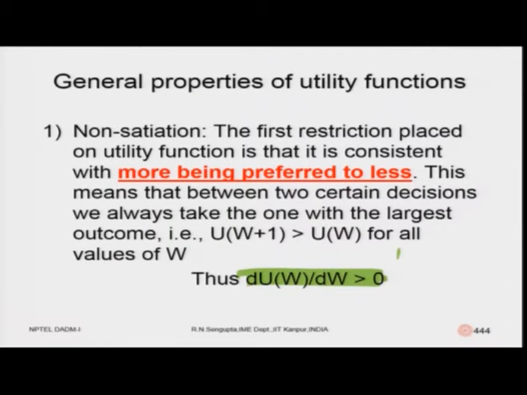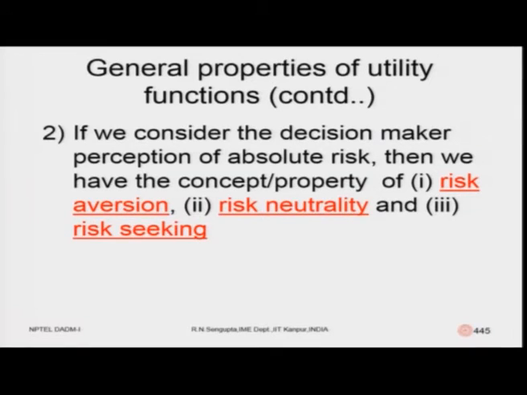The second property is the decision maker's perception of absolute risk. He or she is risk averse, loves risk or hates risk, or is indifferent, and we will club human beings into one of these three properties. Risk aversion means I want to run away from risk.